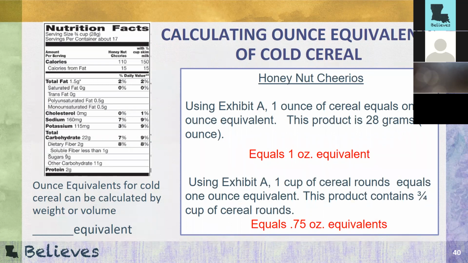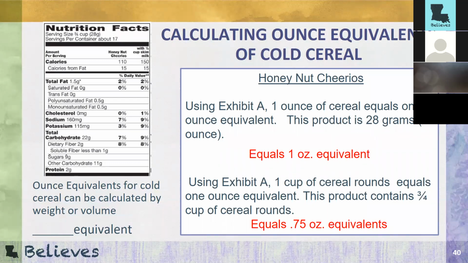Okay, and the last one is the ounce equivalents for cereal. And we can do it one of two ways. If we're going to use Exhibit A, 1 ounce of cereal would equal 28 grams, and so it would equal 1 ounce equivalent. But we could also do it by volume. And 1 cup of cereal rounds is equal to 1 ounce equivalent.